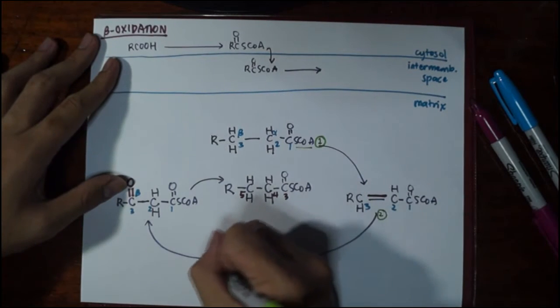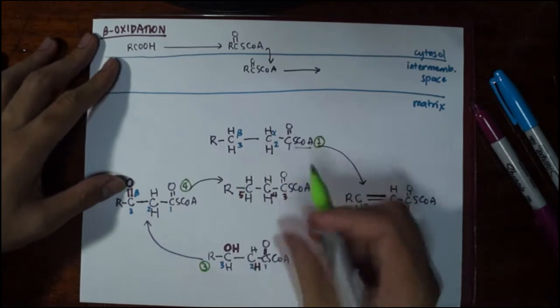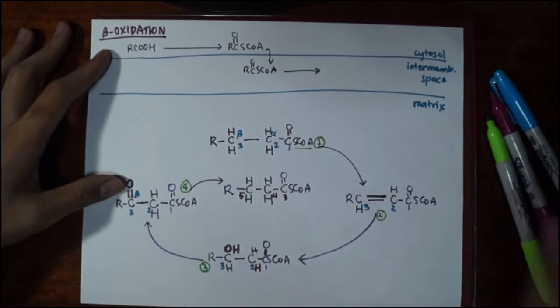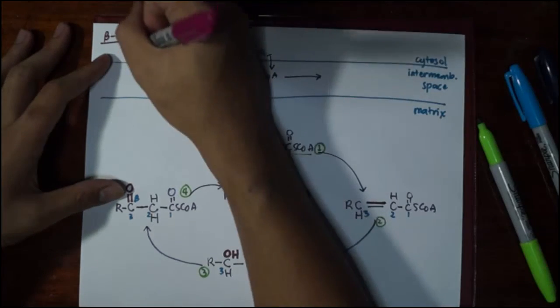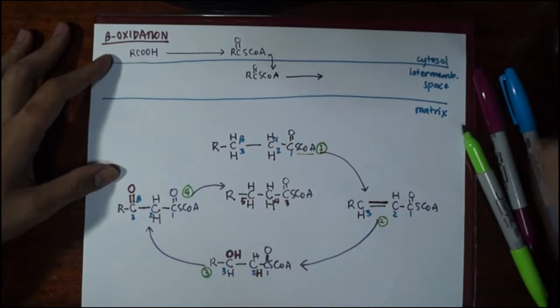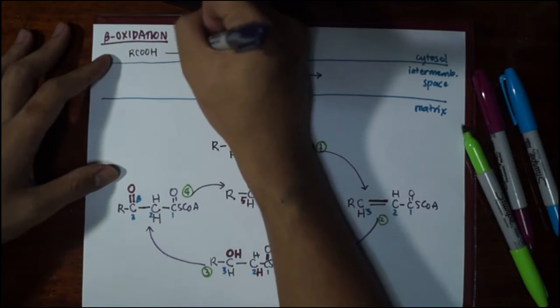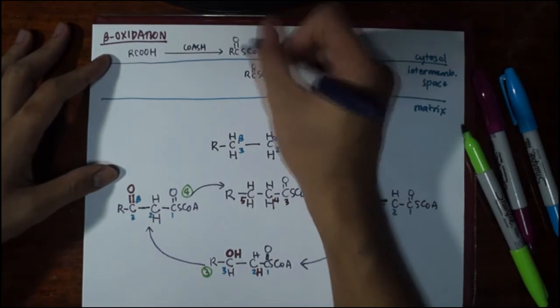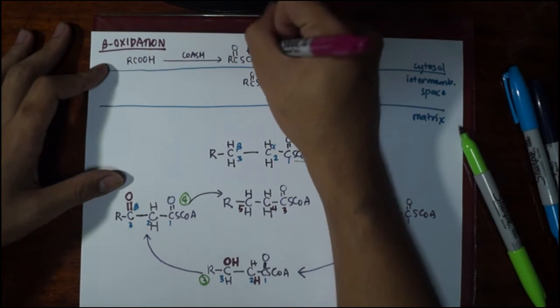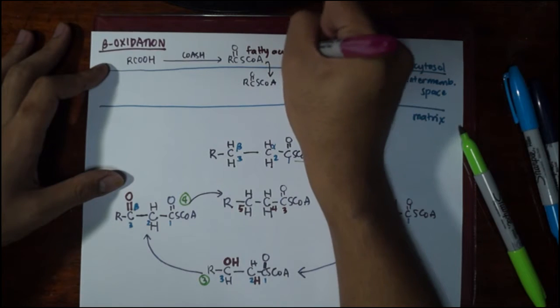In general, the actual cycle has 4 steps, but before that, there's a series of reactions going on. First, you need to combine the fatty acid, RCOOH, with coenzyme A in order to form the combination of coenzyme A and the fatty acid. You could call this the fatty acyl coenzyme A.